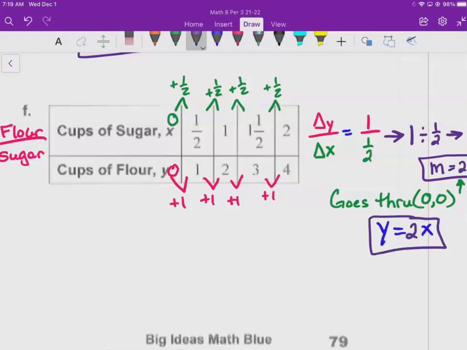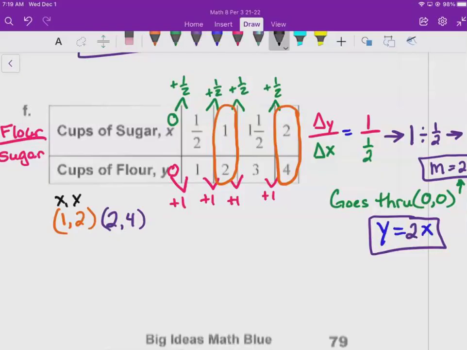Now, I'm going to show you 2 other ways that you can find slope. Okay, here's one. There's a coordinate, no fractions. There's a coordinate, no fractions. So I take these 2 coordinates, 1, 2, and 2, 4, and I'm going to find the slope. Pretend I didn't have the slope already. Step 1, label the points. Step 2, write the formula.